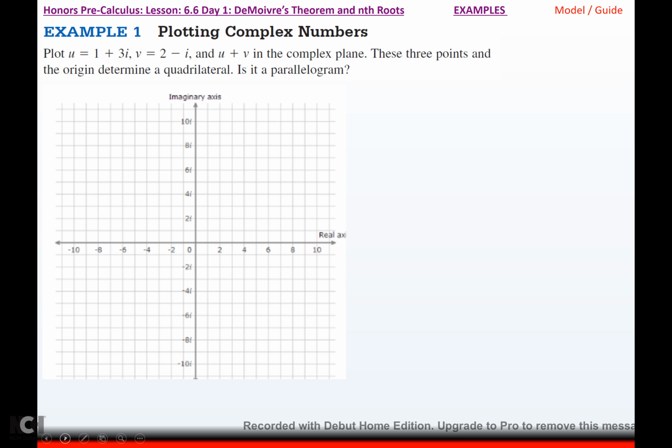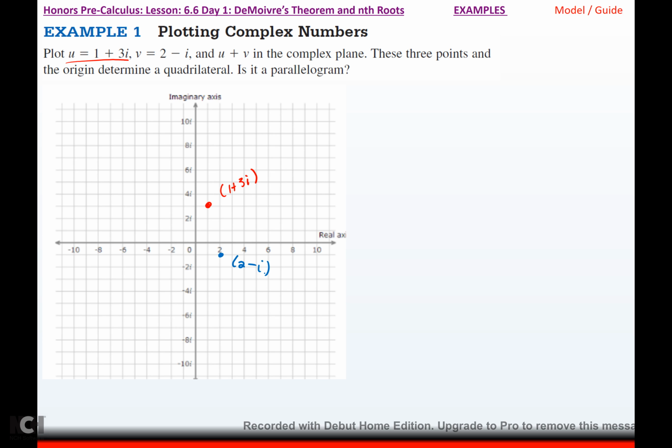So now it says plot u, which is 1 plus 3i, so that would be 1 to the right and 3 up. There's 1 plus 3i. And v, they want me to plot as 2 minus i, so that would be 2 right, 1 down. That's the point 2 minus i.